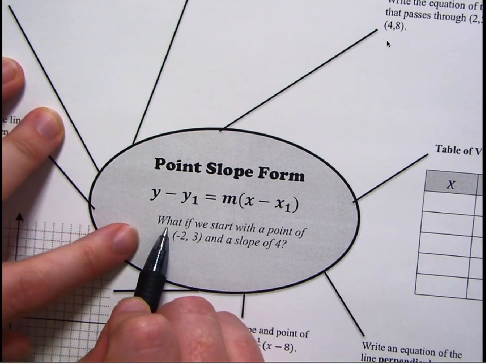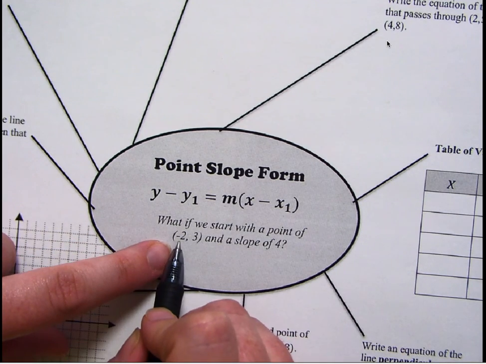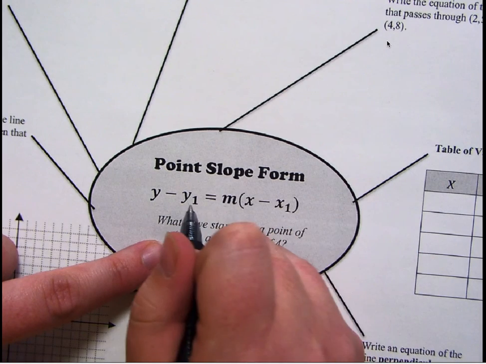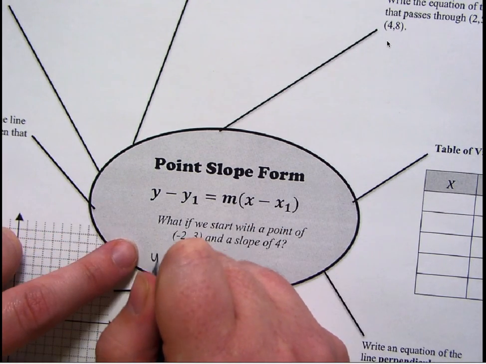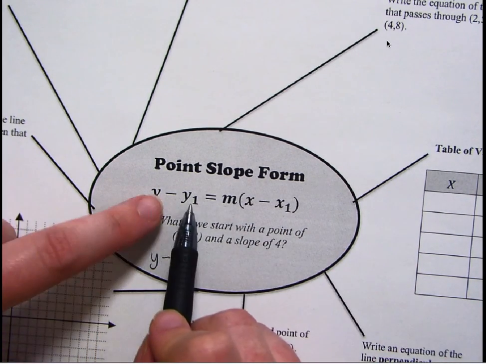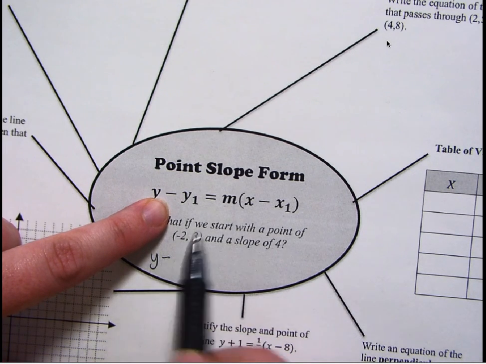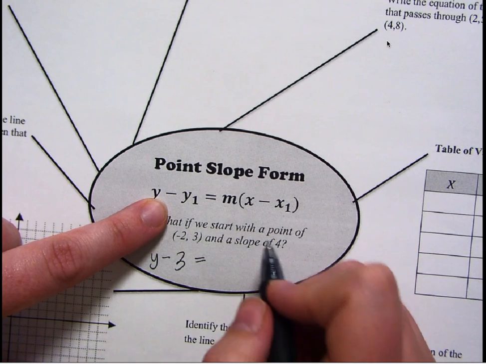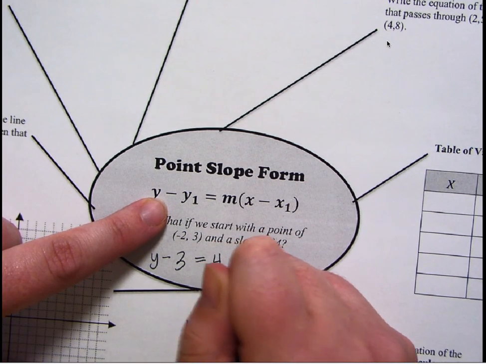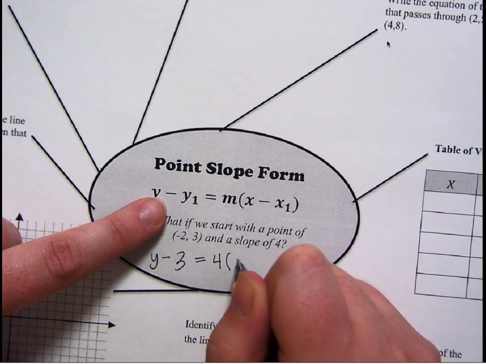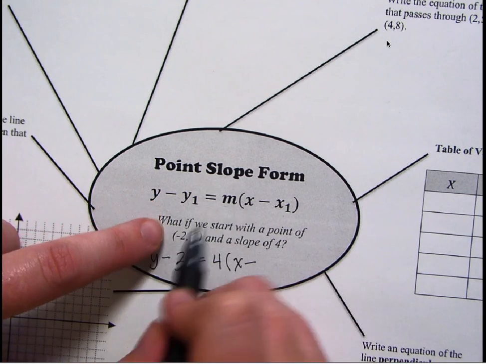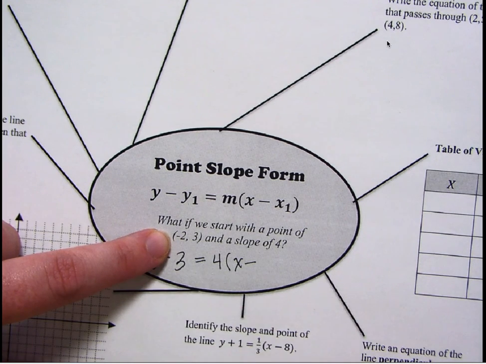So with our first example, what if we start with a point of negative 2, 3 and a slope of 4? We can substitute those values into our equation. We would get y minus, and then y sub 1 is the y coordinate, 3. So y minus 3 equals, our m value is 4, slope of 4, parentheses x minus, and then the x sub 1 value, which is negative 2.